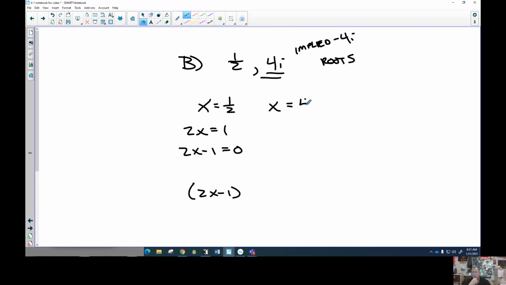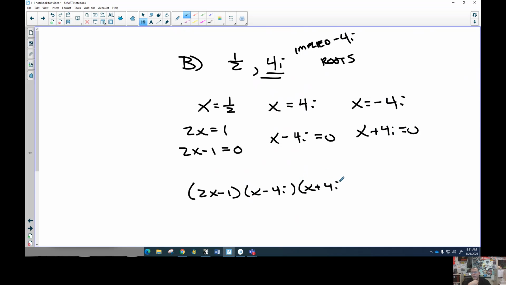So we have x equals 4i, which gives me x minus 4i equals 0, which is my second factor. And then we have negative 4i, which gives me x plus 4i equals 0, and that is my last factor for this one.